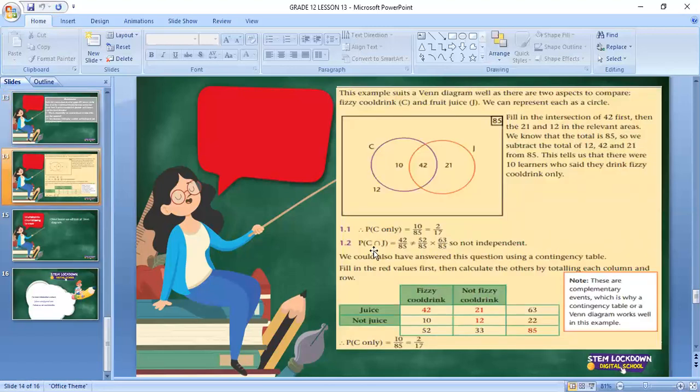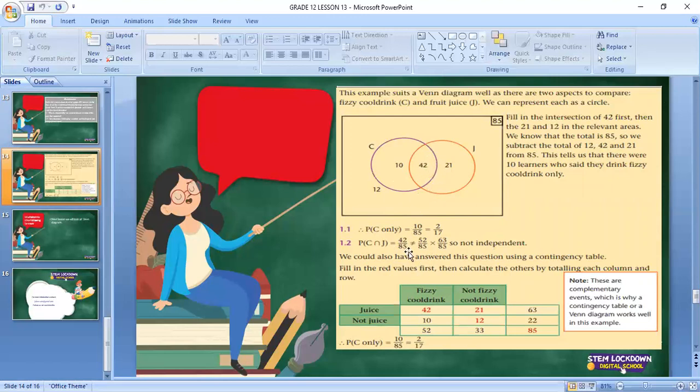So the probability of cold drink is 10 over 85, multiplied by the probability of fruit juice, 21 over 85. Will it give us 42 over 85?